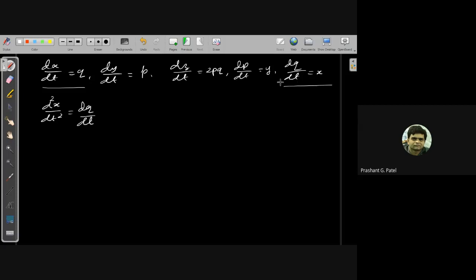And from this, dq/dt is x. So we have d²x/dt² plus x equals 0. This is a second order ordinary differential equation, and you know how to solve it. That means (D² + 1)x = 0.